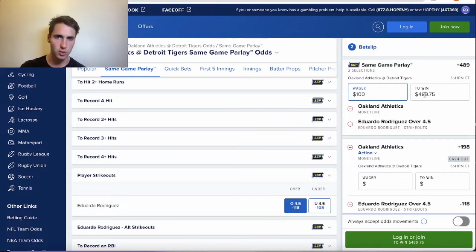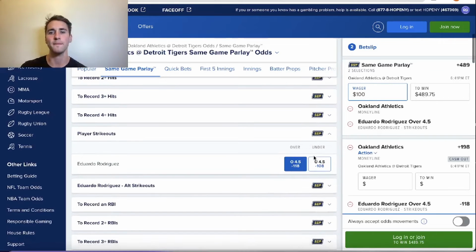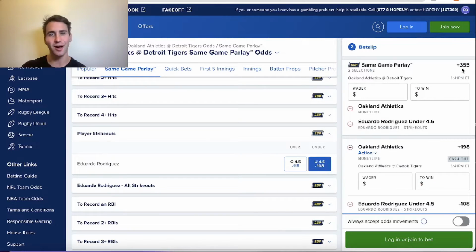So betting 100 to win roughly 489 in profit. You're probably thinking, okay, the odds on Rodriguez's over and his under are roughly the same, so FanDuel probably has a pretty similar payout if I switch Rodriguez to an under. But you're going to notice that's not the case. The odds change drastically to plus 355.